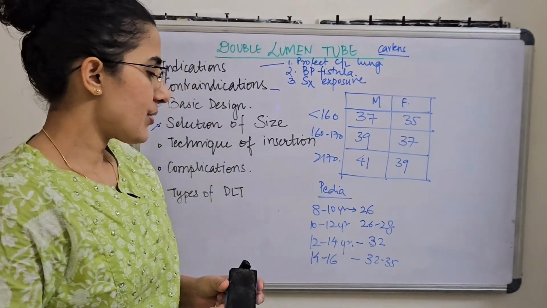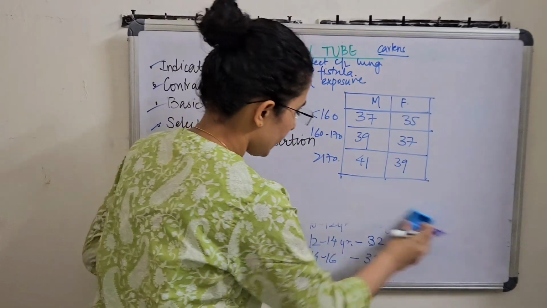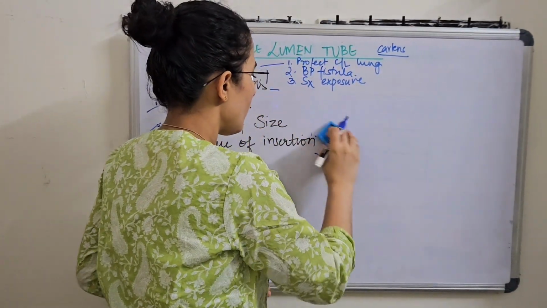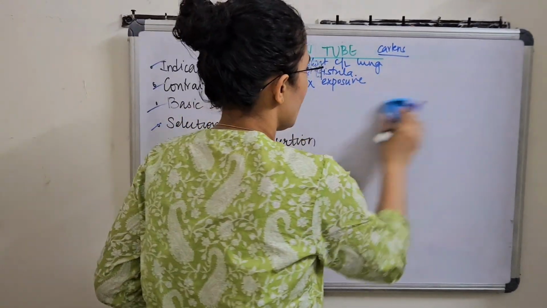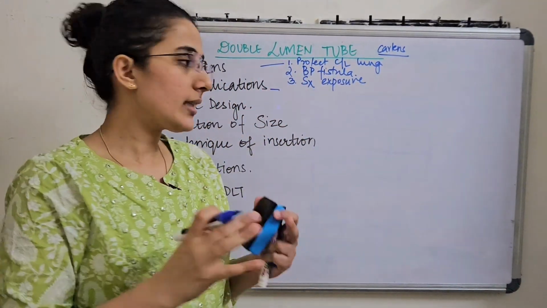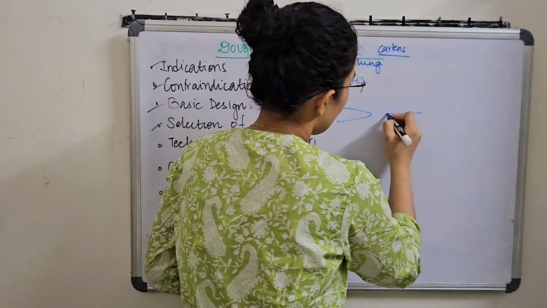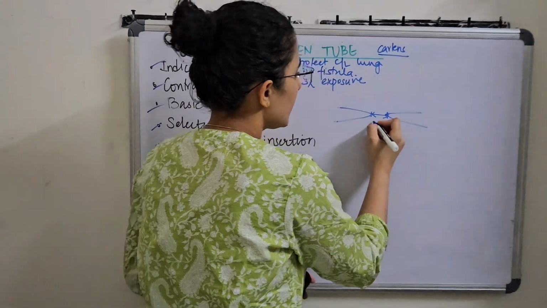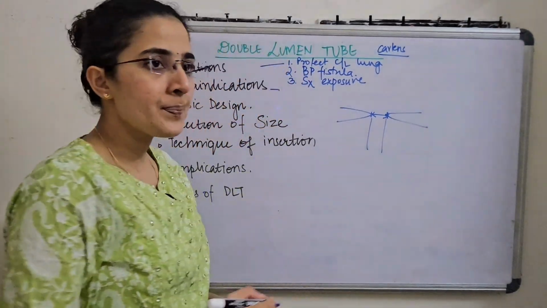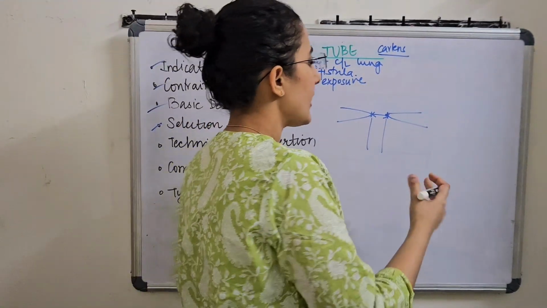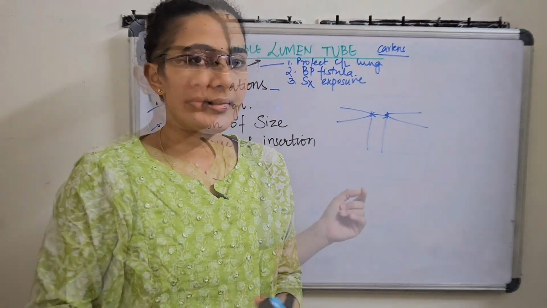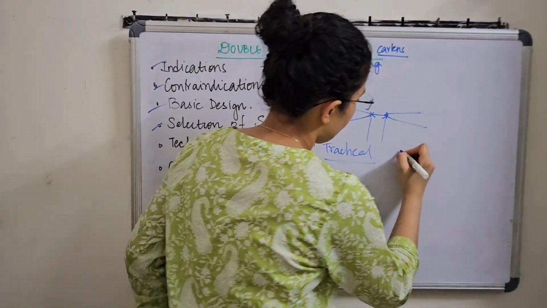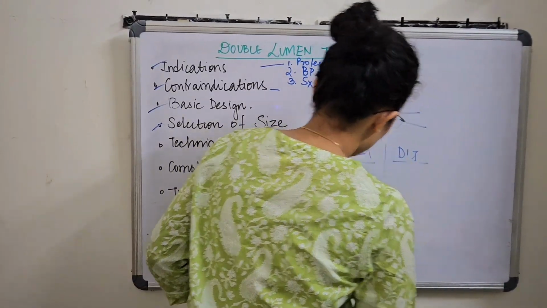Another method we use to identify the size of the DLT is based on the tracheal width. How do we measure the tracheal width? It is measured on the chest X-ray at the level of the medial end of the clavicles. The tracheal width and the size of the DLT are related.